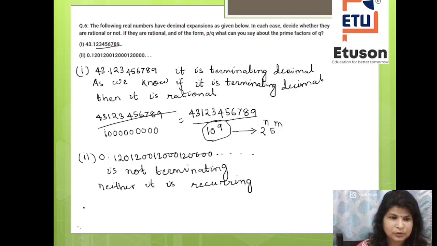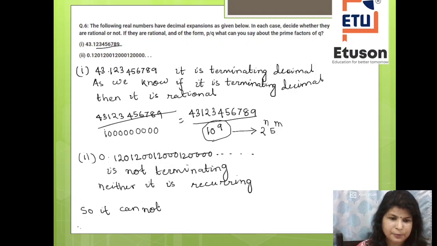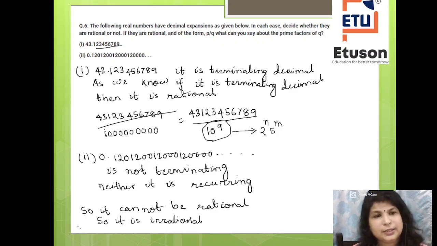So it cannot be rational. अगर रेशनल नहीं होगा तो क्या होगा? Cannot be rational, so it is irrational. Okay children? Okay.